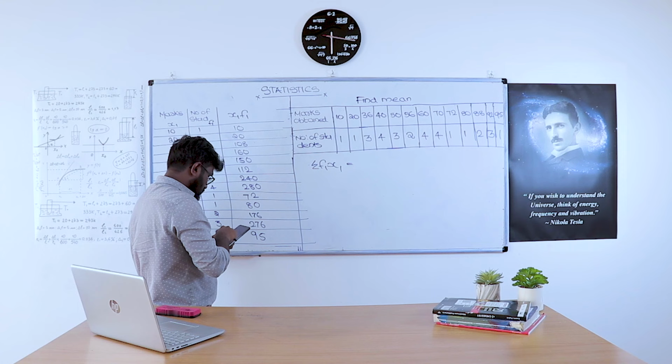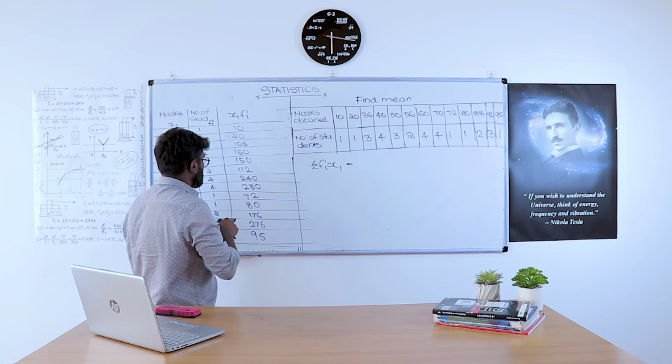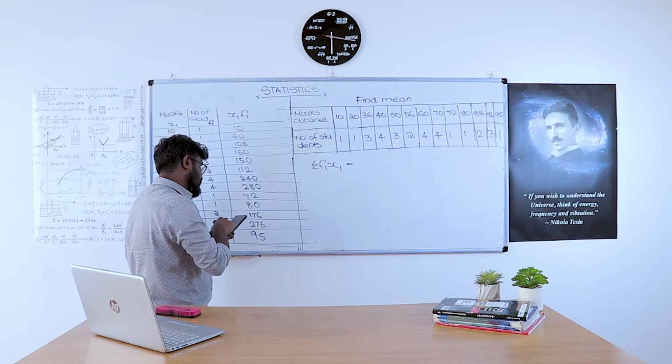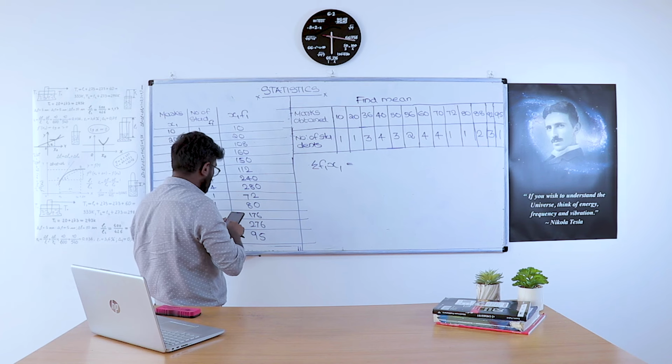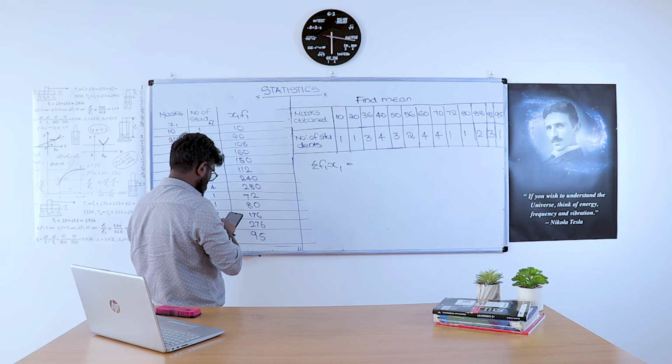To eliminate the time lag, I will use the calculator. You have to do it manually in the exam. So 10 plus 20 plus 108 plus 160 plus 150 plus 112 plus 240 plus 280 plus 72 plus 80 plus 176 plus 276 plus 95.